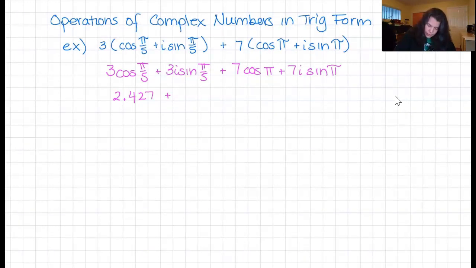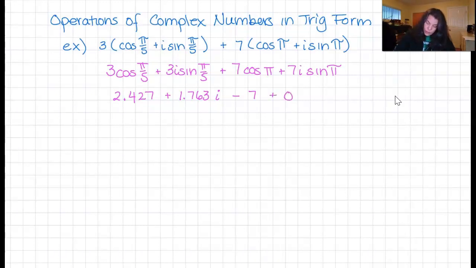So I'm going to have 1.763, but then I still have the i. And then 7, well, cosine pi, well, we should be able to do this. Cosine pi is -1, so that's going to be -7. And sine of pi is 0. So we're just going to have 0 for that last term.